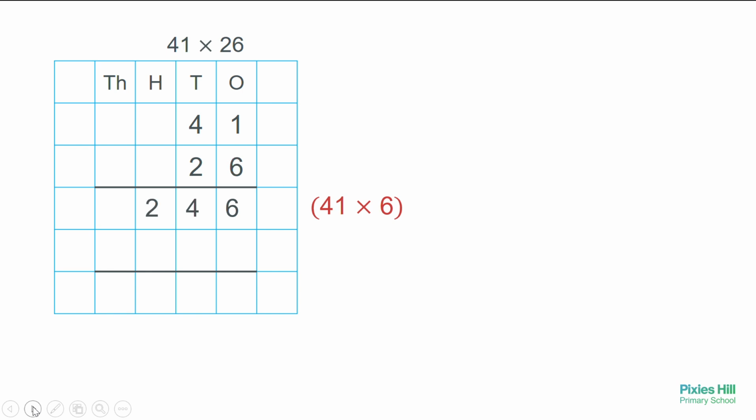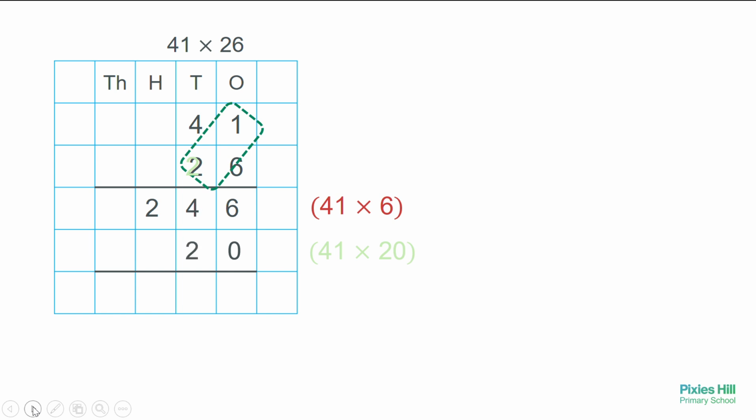The second calculation we need to do is 41 multiplied by 20. 2 times 1 is 2. However, as the 2 represents 2 tens or 20, we need to put a 0 or placeholder in our ones column first.